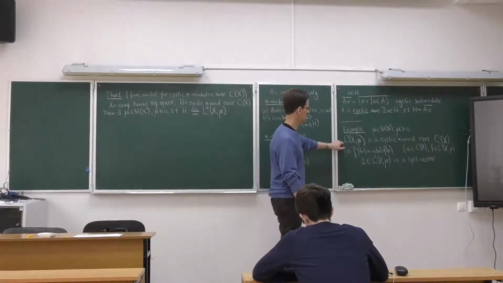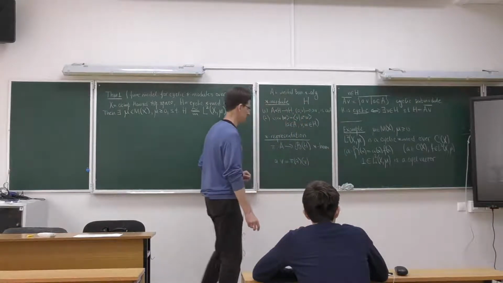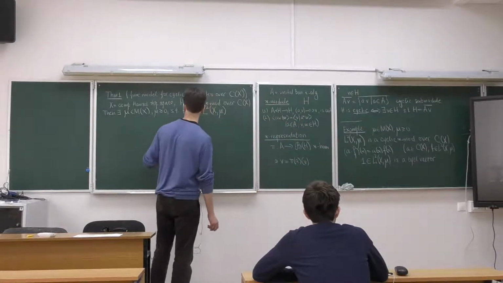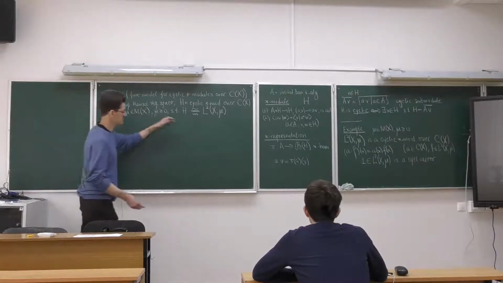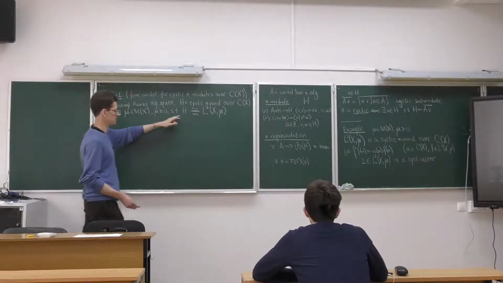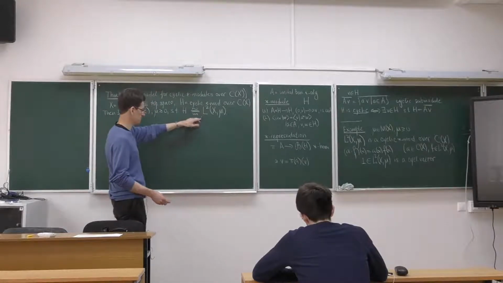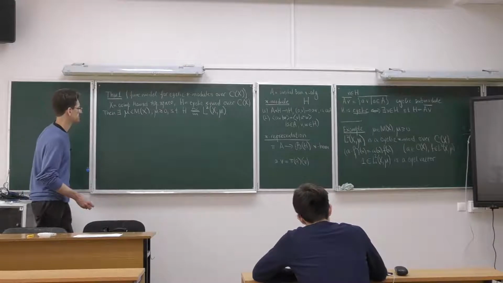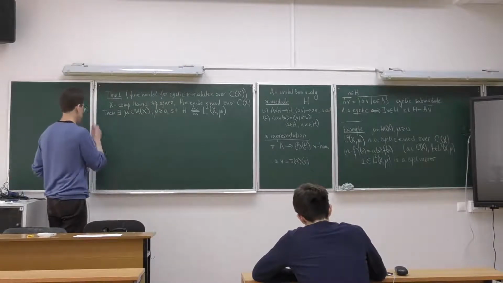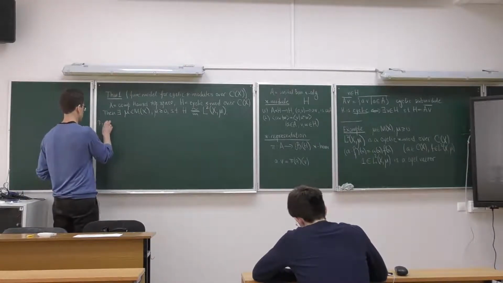So this is a cyclic star module, and our first result for today is that every cyclic star module over C(X) has this form, that it is unitarily isomorphic to L2 for a suitable positive Radon measure on X. Okay, let's now prove this result.